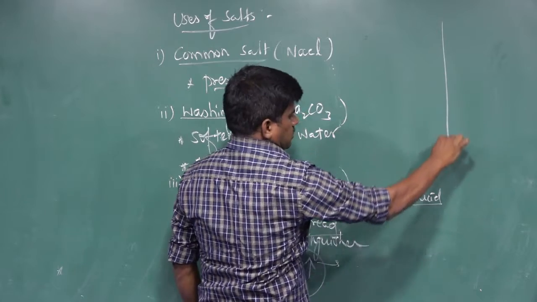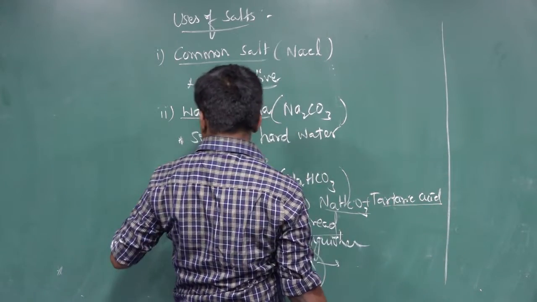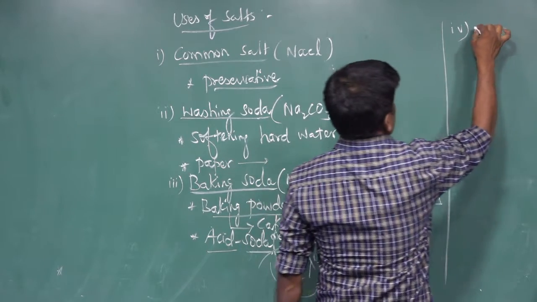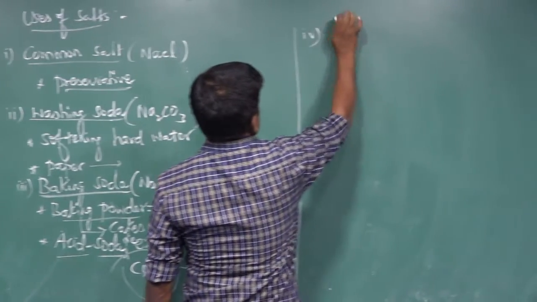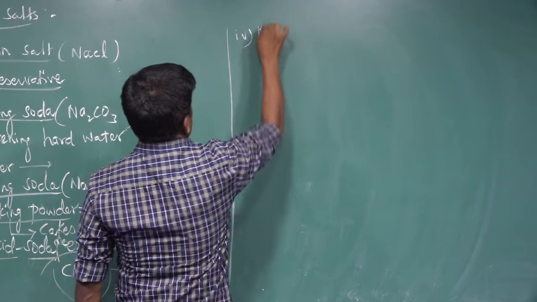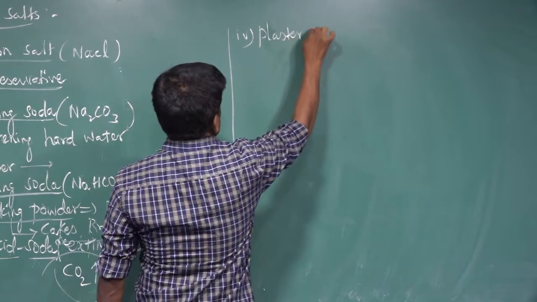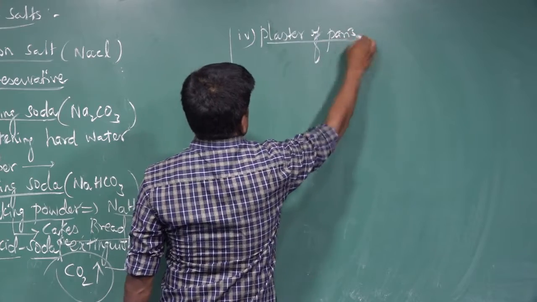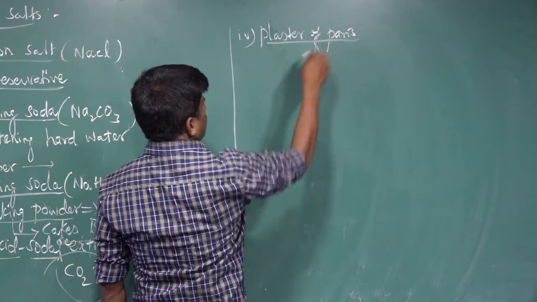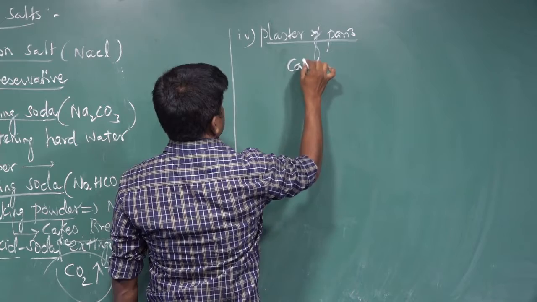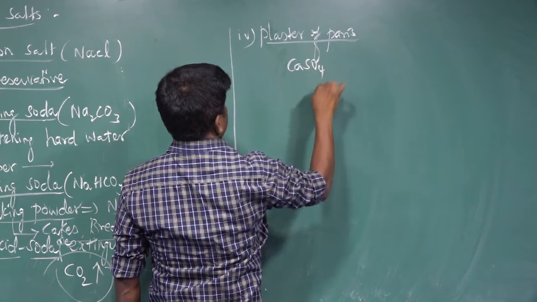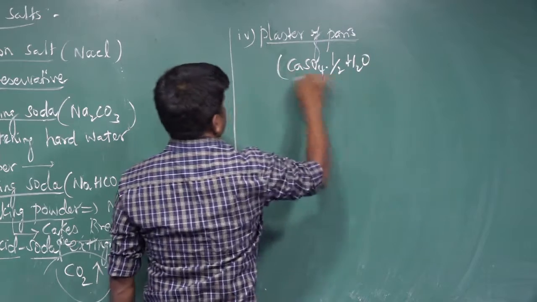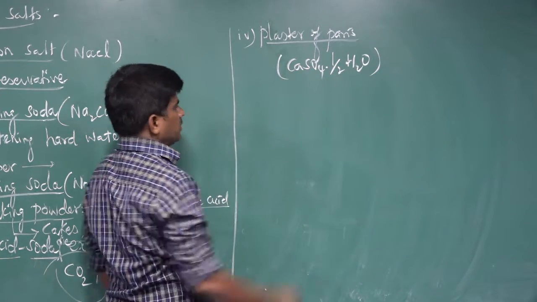Next, we go to the next salt. That salt is called calcium oxychloride, but before that we go to plaster of Paris. The chemical name of plaster of Paris is calcium sulfate hemihydrate.